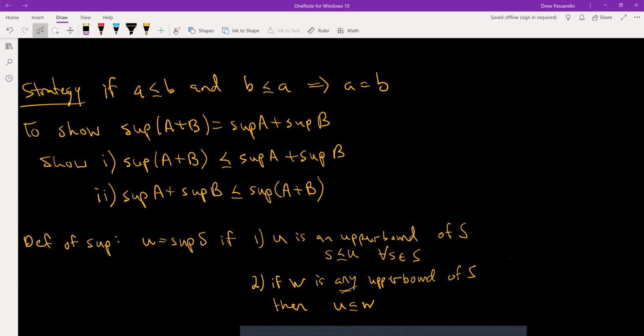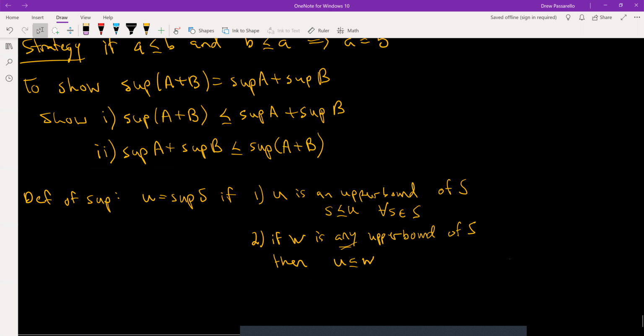For the strategy of how we're going to approach this: to show equality, A equals B, you can show that if A is less than or equal to B, but yet B is less than or equal to A, then it has to be that A equals B. So to show that the supremum of A plus B equals the supremum of A plus the supremum of B, we'll show the inequality in both directions: the supremum of A plus B being less than or equal to the supremum of A plus the supremum of B, and then the other way, supremum of A plus supremum of B being less than or equal to supremum of A plus B. Since they're both less than or equal to each other, then you have to have equality.